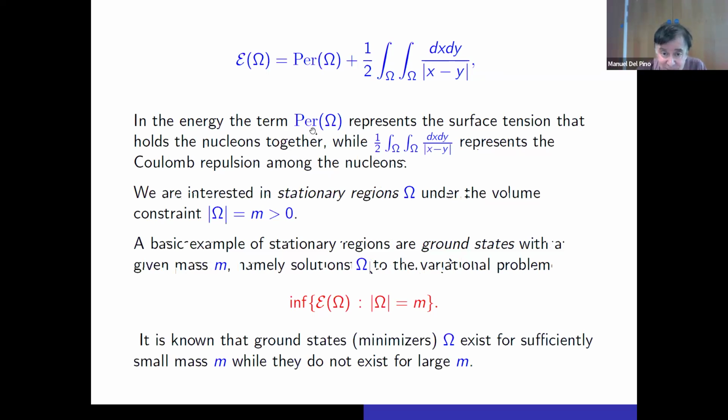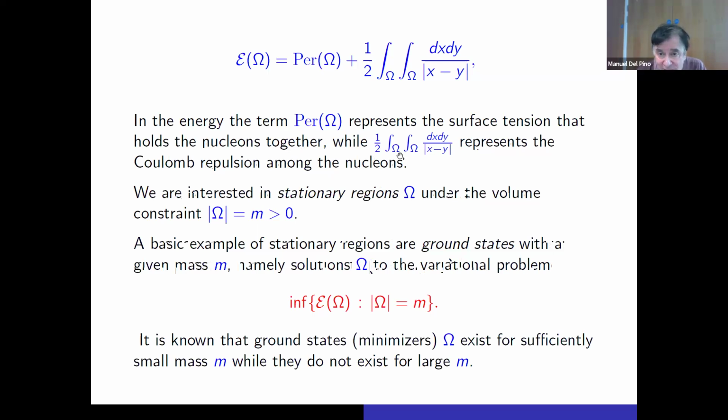In the energy, the perimeter of omega represents an effect of surface tension. This surface tension wants to hold the nucleons together, so you don't want this perimeter to become too big. The expected effect is a reduction of the perimeter, a minimization effect.